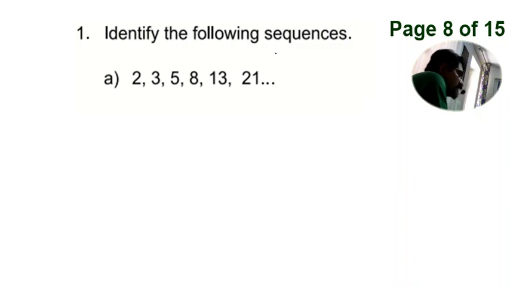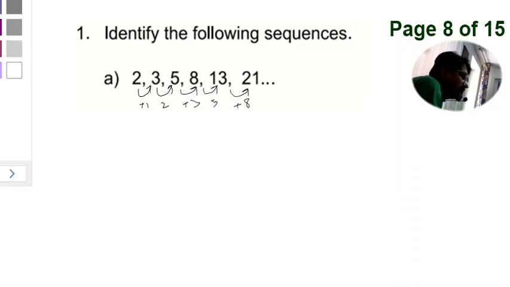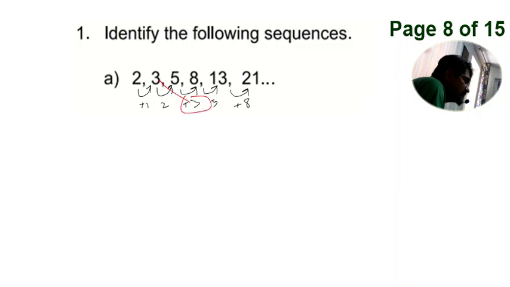For example, identify the following sequences: 2, 3, 5, 8, 13, 21. 2 plus 1 is 3, 3 plus 2 is 5, 3 plus 5 is 8, and so on.